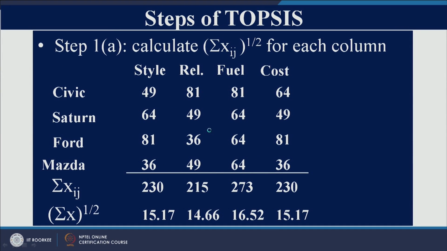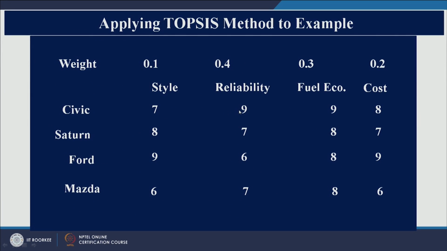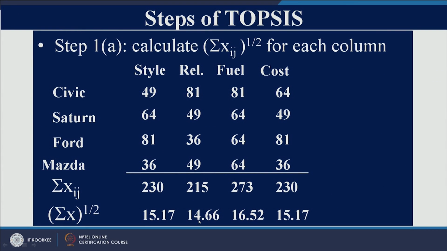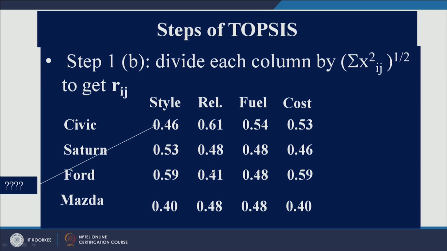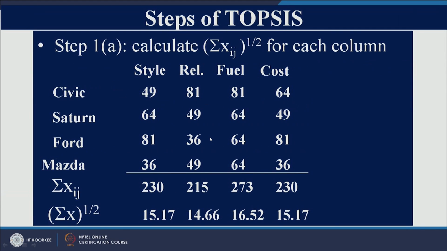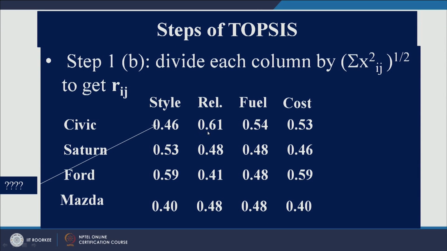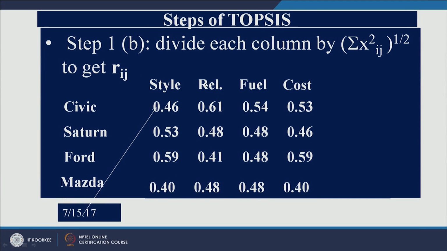It was 9, right. So, divide 9 by what? 14.66, right. So, you will get this value, 0.61. So, this is how you can get your normalized matrix. Very simple, just simple arithmetic.